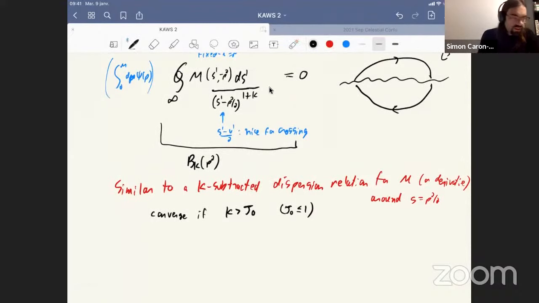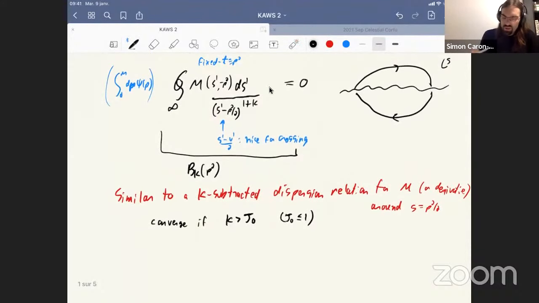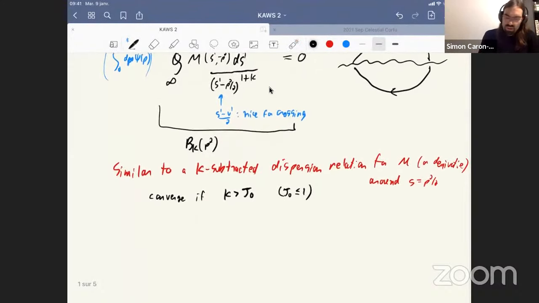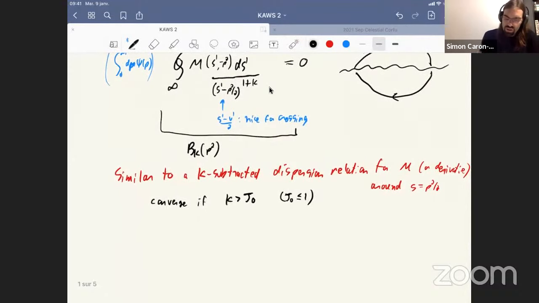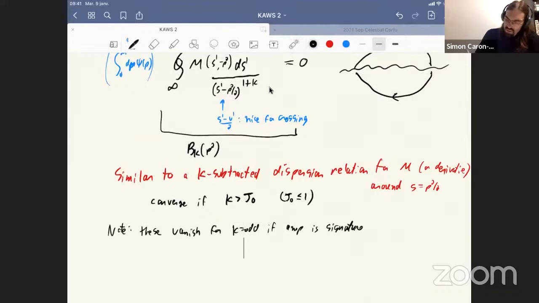If the amplitude is symmetric under SU crossing, then all of the odd k sum rules vanish. These vanish for k odd, if the amplitude is signature even.